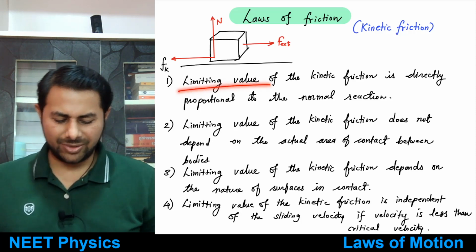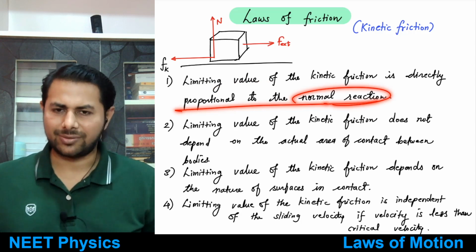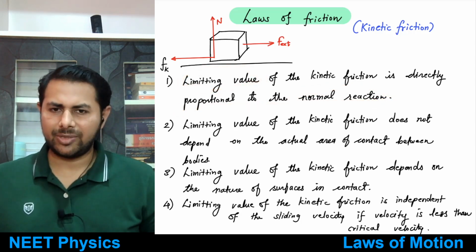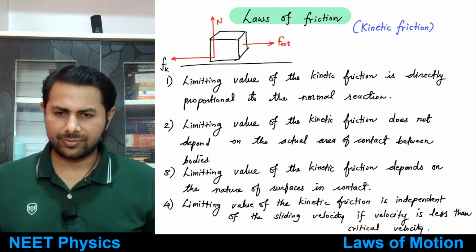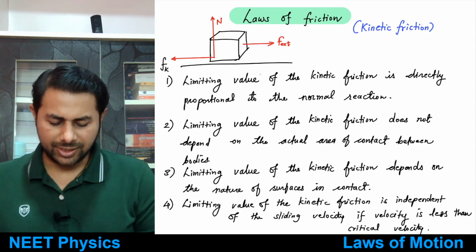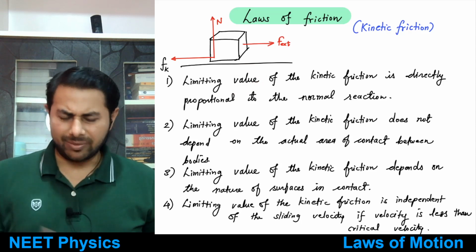The limiting value of kinetic friction is directly proportional to the normal reaction. Here the limiting value of kinetic friction and the kinetic friction itself are equal. So I can just say it is the value of kinetic friction.